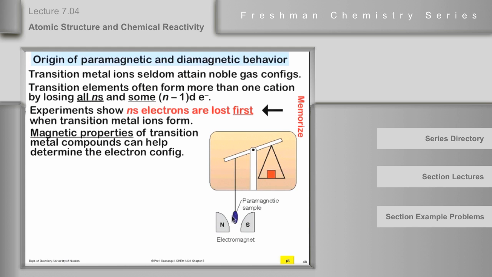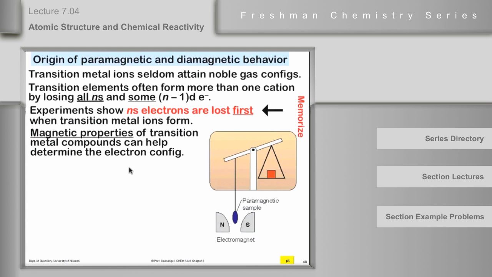The apparent mass of that material, as far as the balance is concerned, goes up because, in fact, it's attracted to this magnetic field. So these magnetic properties, its apparent mass increase when we put the magnet there, can be translated through some pretty sticky mathematics.